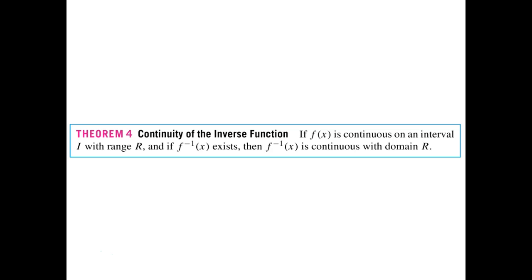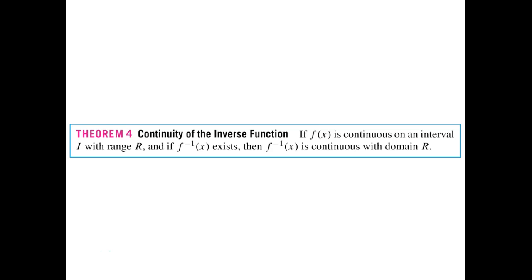So if those conditions are met, f is continuous, of course, on some interval I with a range of R, that gives you the interval. If it's continuous on that interval, and if it exists, meaning it's either strictly increasing or strictly decreasing, 1-to-1 in that interval, that would make F inverse exist.